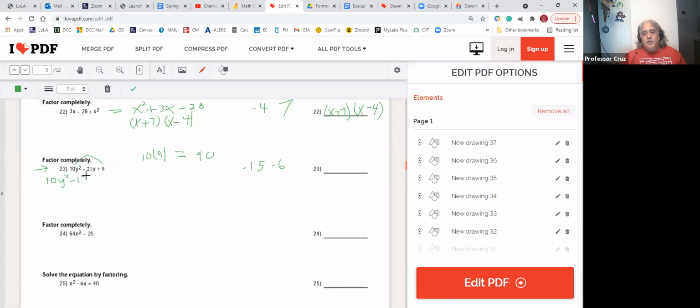It really doesn't matter which one goes first. Sometimes, if you have a little bit of experience, you can figure out which one to put first. It might make it a little bit easier, but they'll all work either way.